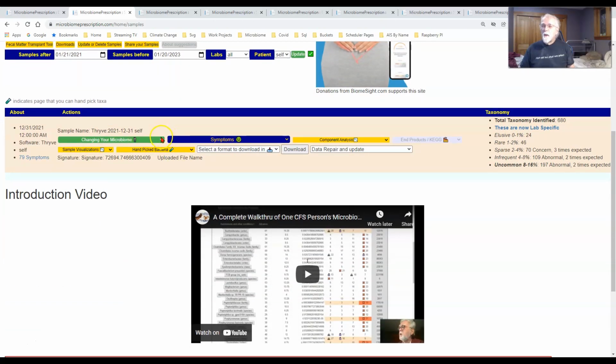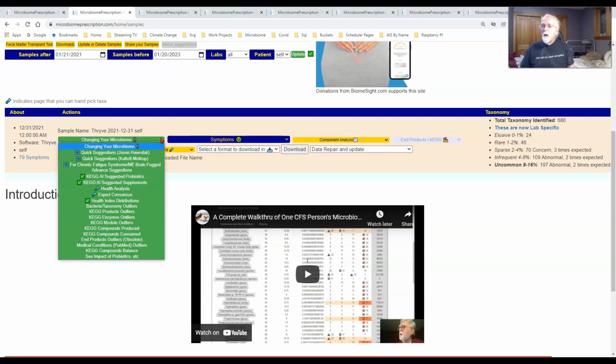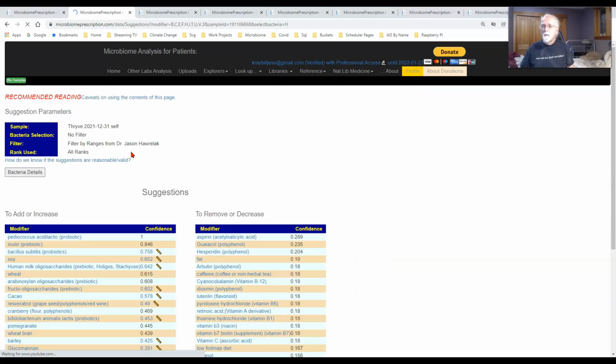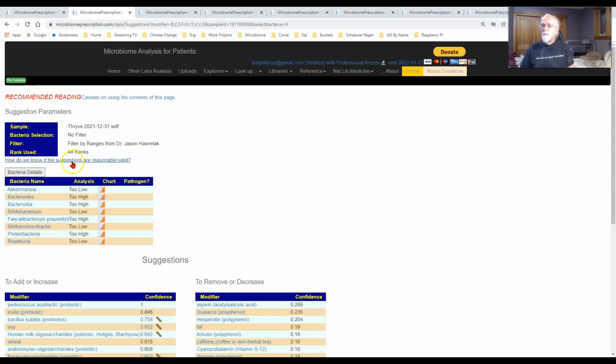And changing your microbiome is listed here. And we could go for a quick suggestion, which is by just simply clicking here, and it will automatically do it. It uses the ranges that a naturopath in Australia advocates, who is well respected around the world and in much of the alternative medicine community.